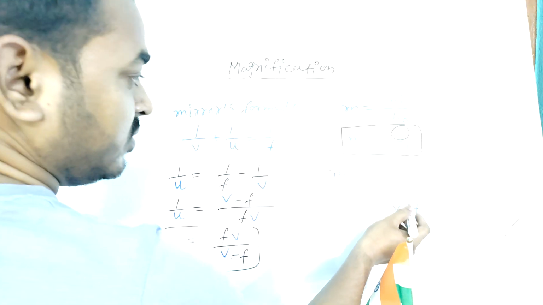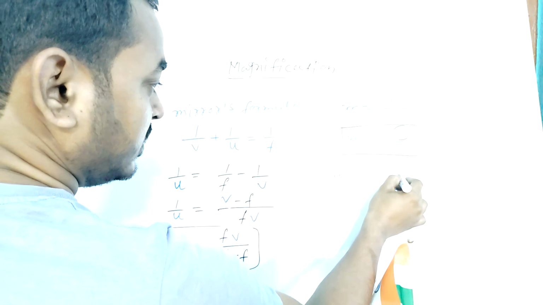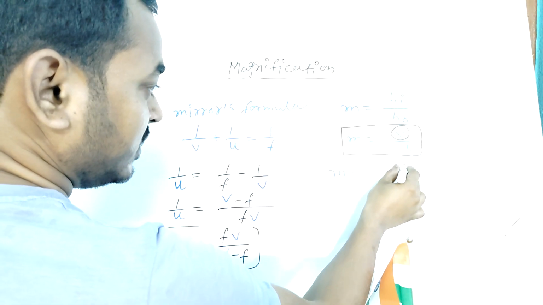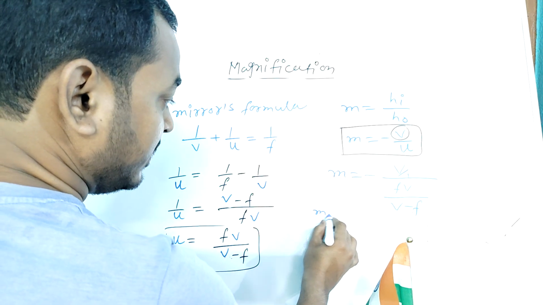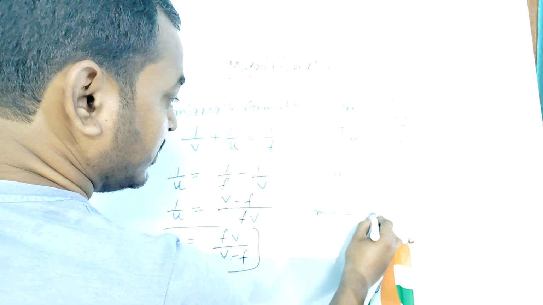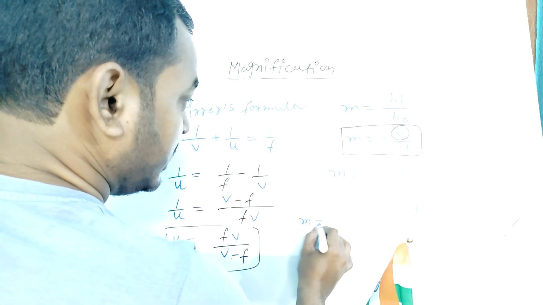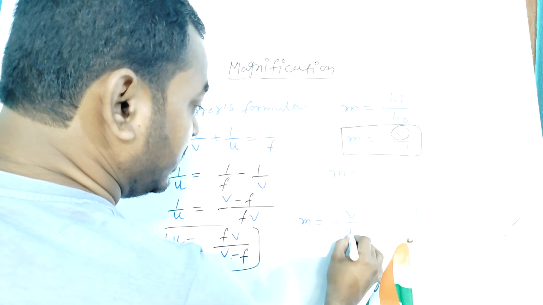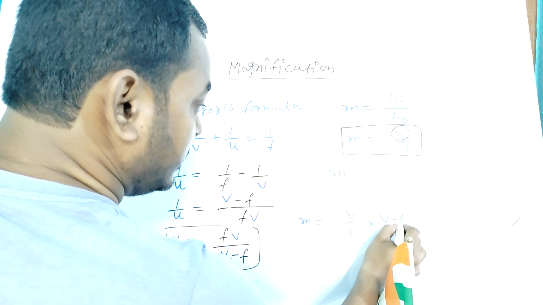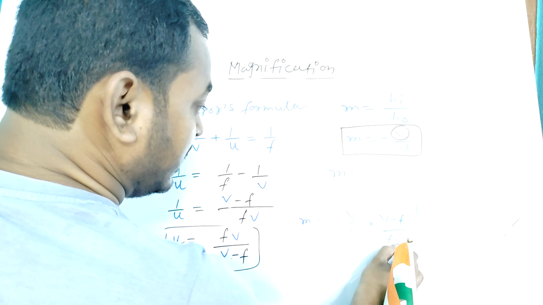So now what is this? V to means V by 1, so V cancels with this V, and we can write m is equal to minus V by 1 into (V minus F) by FV.